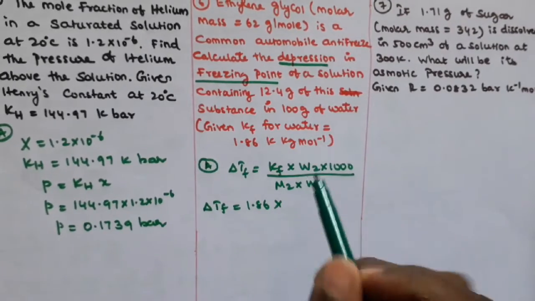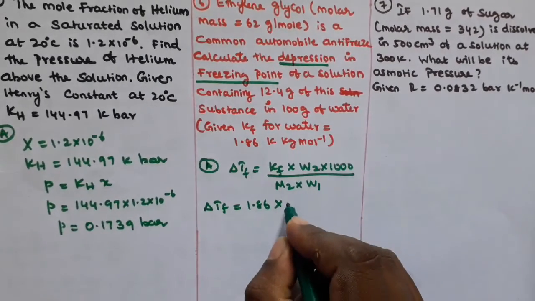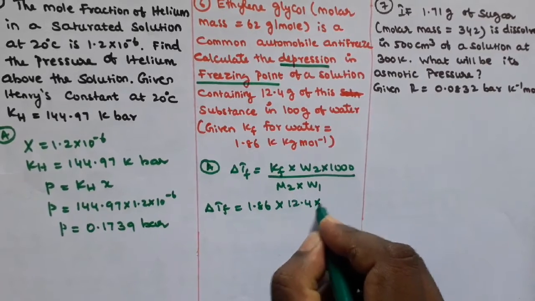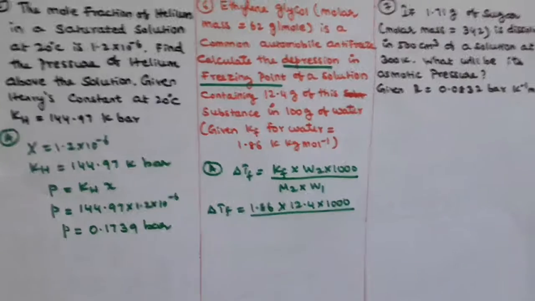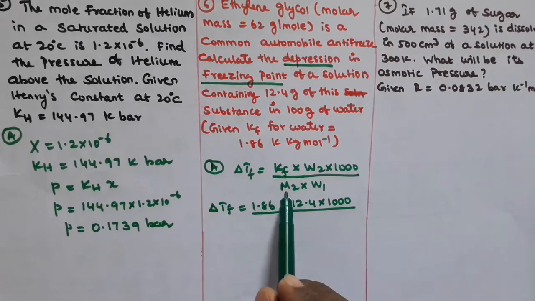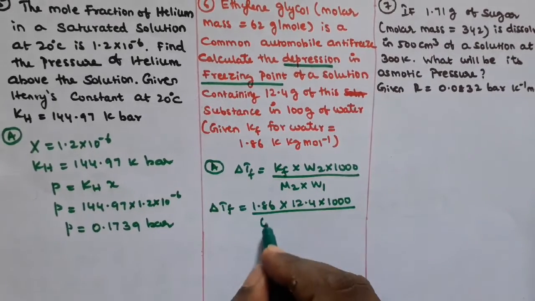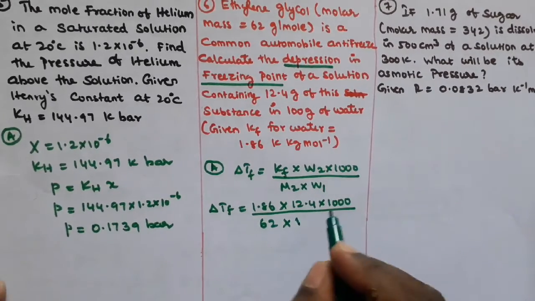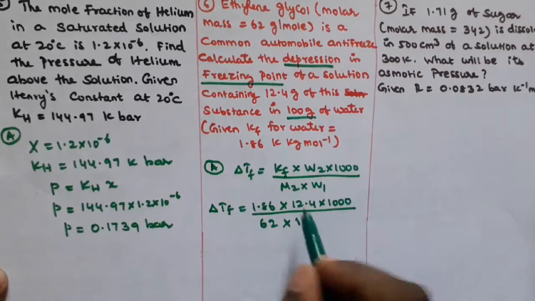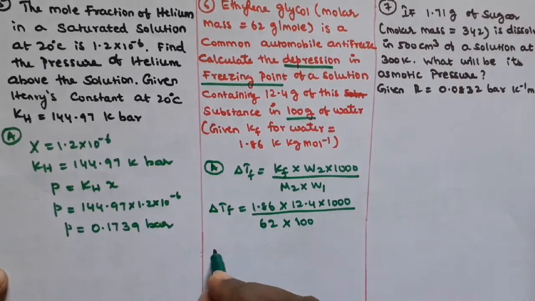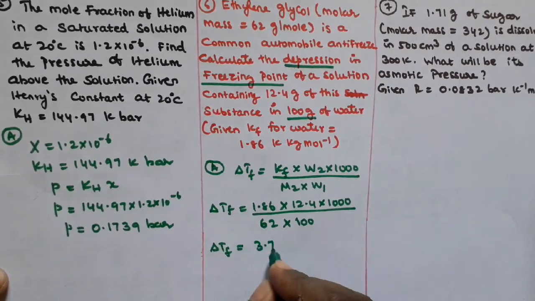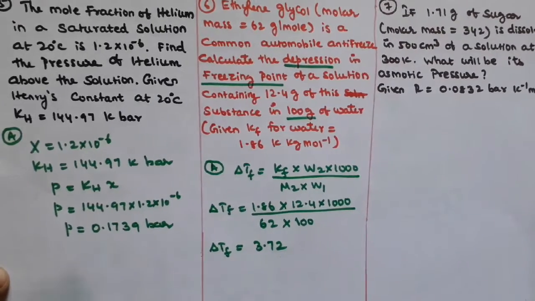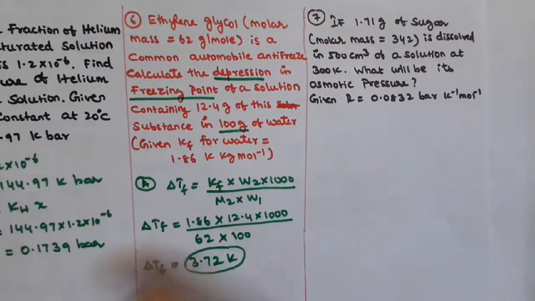So this is 12.4 into 1000 by the molecular mass, which is given as 62, and the weight of the solvent is 100 grams. On calculating this, you will get 3.72 Kelvin. This is the depression of freezing point.